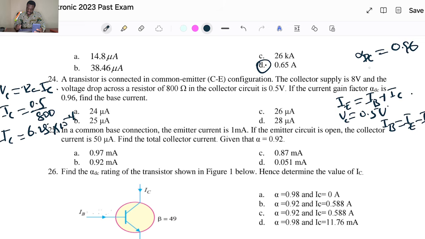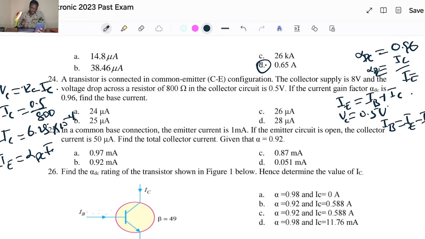I know alpha DC is equal to the collector current over the emitter current, and we just calculated the collector current.